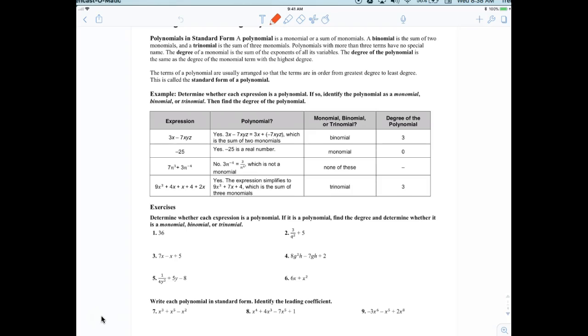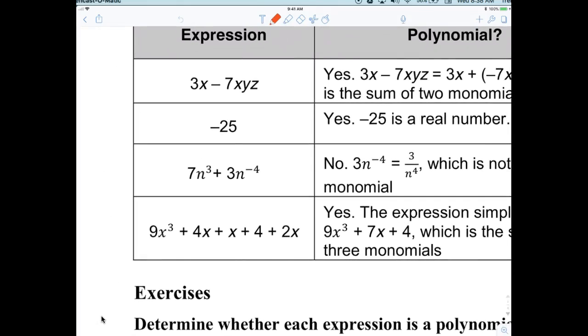Trinomial is 3 terms. After that, we don't really go into more. That's usually all they go up to. And then they say anything past 3 is a polynomial. So you have monomial, binomial, trinomial, and polynomial. And I already told you what separates terms: addition and subtraction.